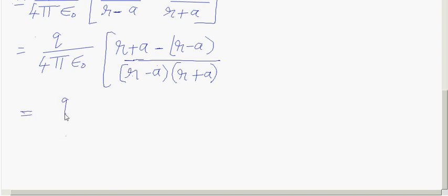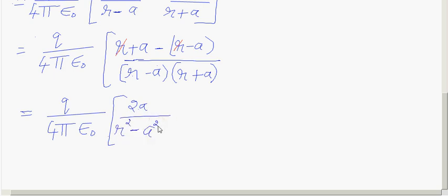q divided by 4 pi epsilon naught into, here r will get cancelled, a plus a, so that will become 2a, divided by r square minus a square.